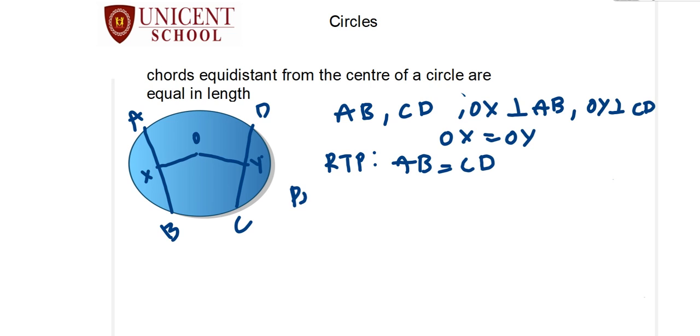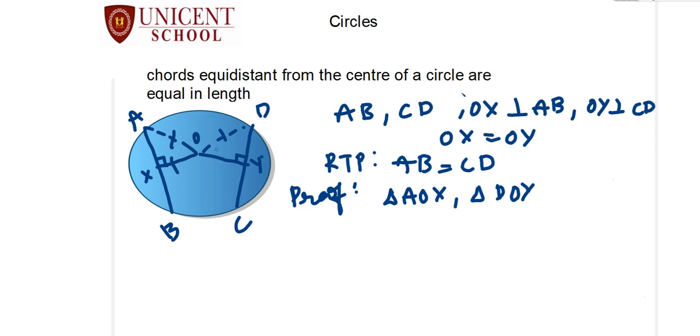So to proceed for the proof, let us do a construction, that is, join AO and DO. We get two triangles. When we compare these two triangles, AOX and DOY, the angles are equal, that is perpendicular, it's given, and OA is equal to OD, and OX is equal to OY.